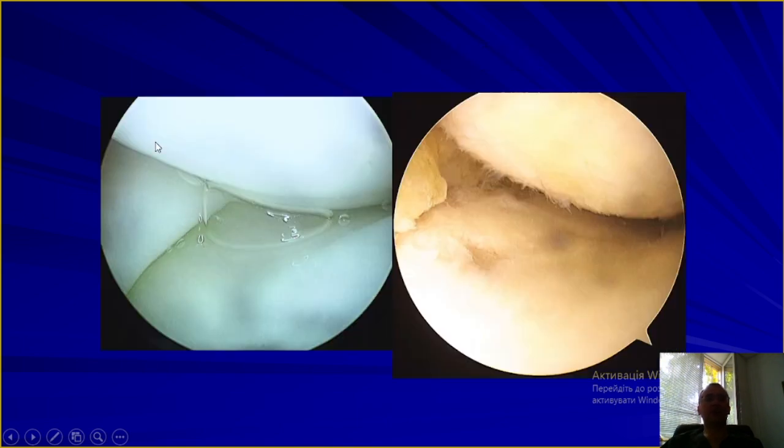In the knee joints, that's how healthy cartilage is looking. You see healthy cartilage of the femoral bone, of the tibial plateau, and the margin of the meniscus. This is synovial fluid, how it is looking.